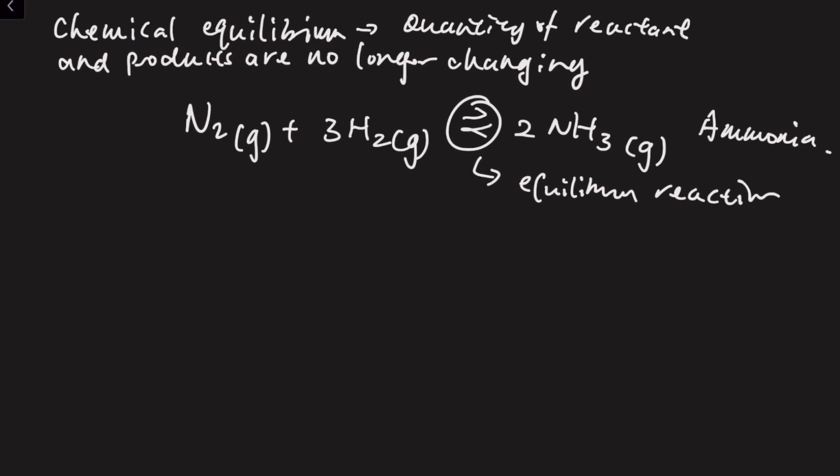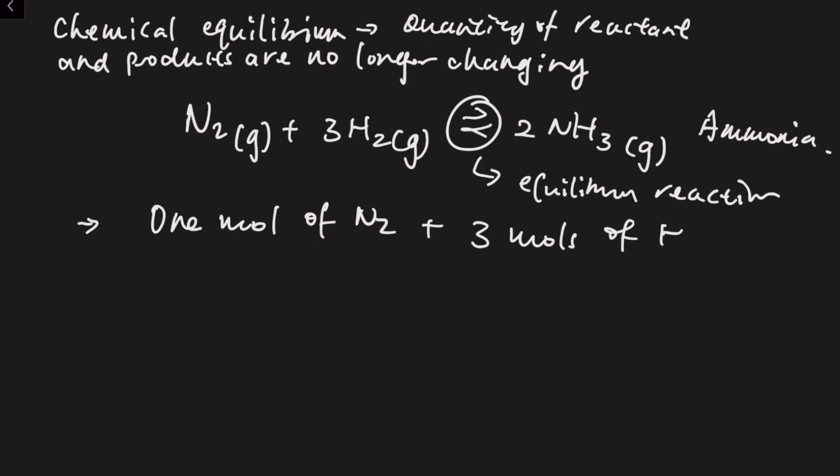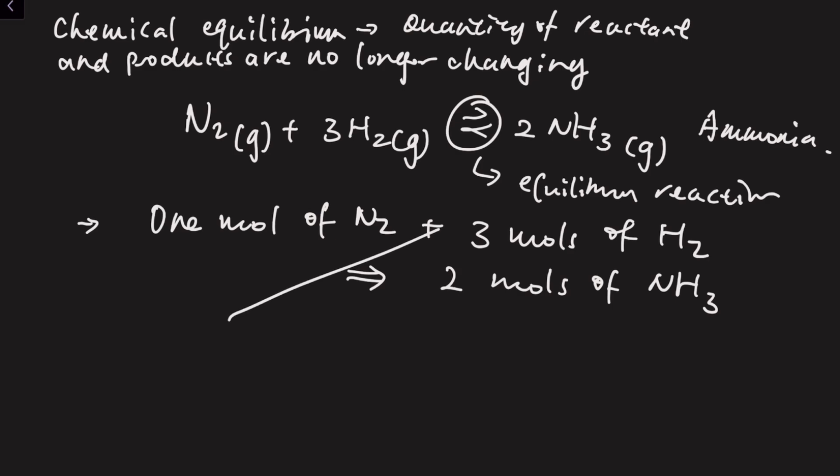So based on our previous knowledge, we would expect when we have 1 mole of nitrogen gas plus 3 moles of hydrogen gas, we would expect to see 2 moles of ammonia gas. And this never happens in the real world.